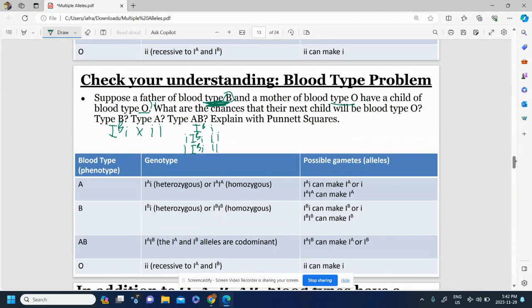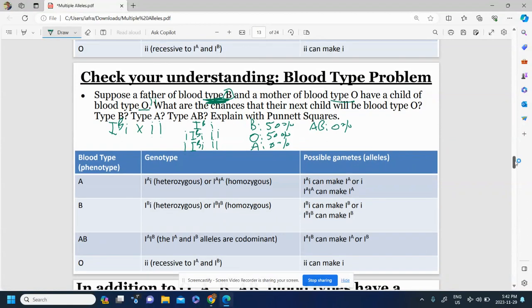And so we can see that for type B, we have a 50% chance. For type O, we also have a 50% chance. But for type A, 0%, not possible. For type AB, 0%, also not possible.